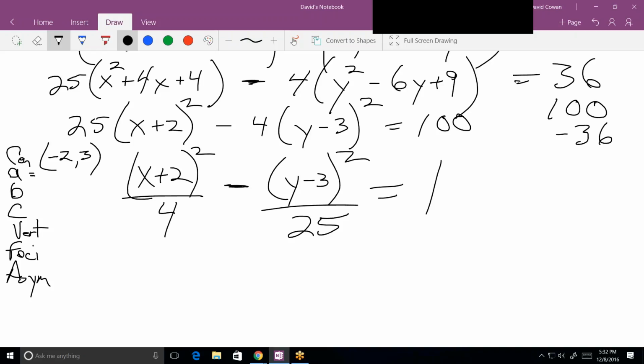Remember, A is the measurement always along the major transverse axis. When I say a horizontal hyperbola, the major transverse axis is horizontal. That's why A is under the x. If I'm talking a vertical hyperbola, the major transverse axis is vertical, so then the A has to be under the y.